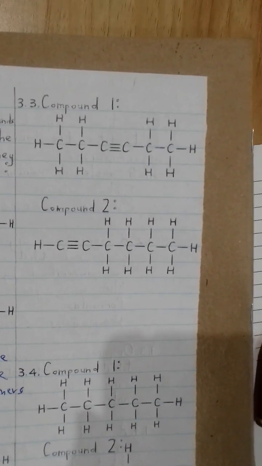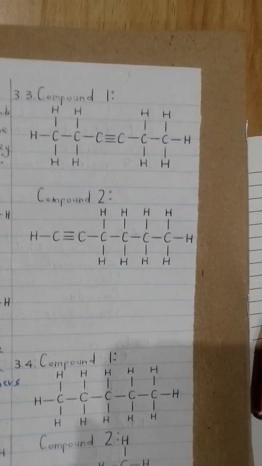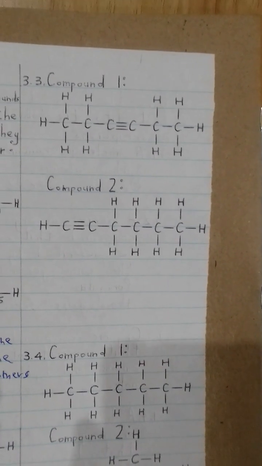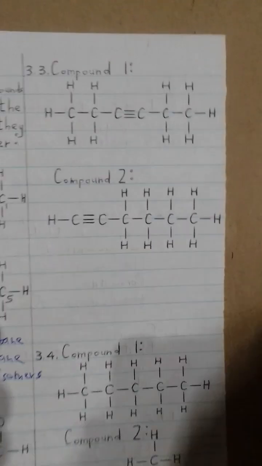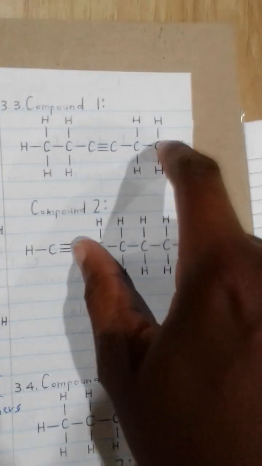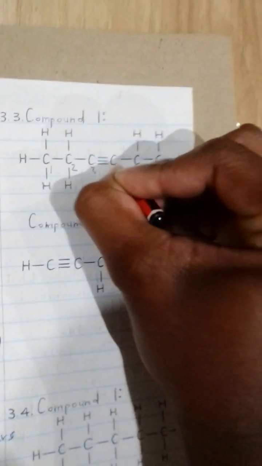3.3, compound 1, we have that. Compound 2, we have that. So by looking at it, we can already notice a triple bond. If we start here, 1, 2, 3, here 1, 2, 3, 4, 5, 6.